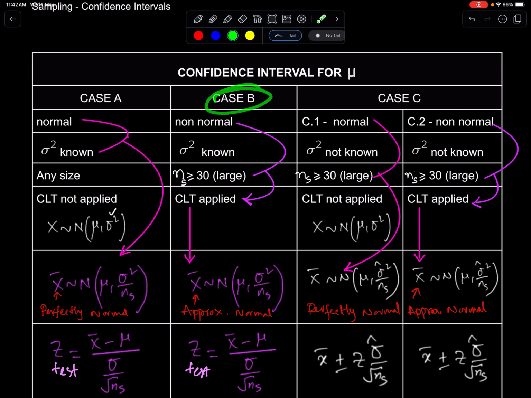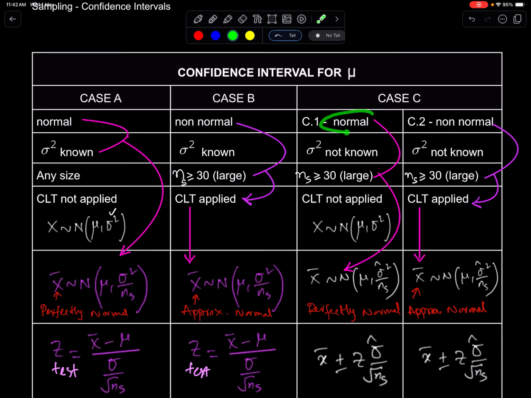Here case B and C2, non-normal, non-normal, n large, n large. So these two things tell you that this is the application of CLT. Listen, if population is non-normal and n is large, then these two cases are the applications of CLT.